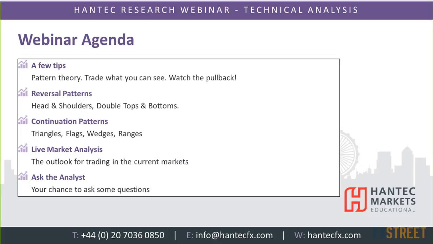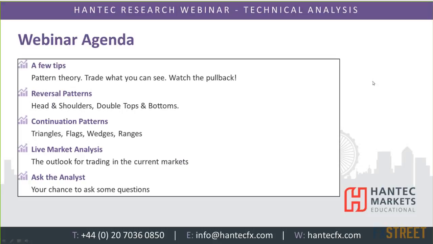Now, the good thing about pattern analysis is that you can use it across a whole range of timescales. From anything from 5 minutes up to monthly analysis, you can use patterns and identify them across the board. As I said, there are two different types. You've got reversal patterns, which are your head and shoulders, your double tops, your multiple tops and multiple bases.